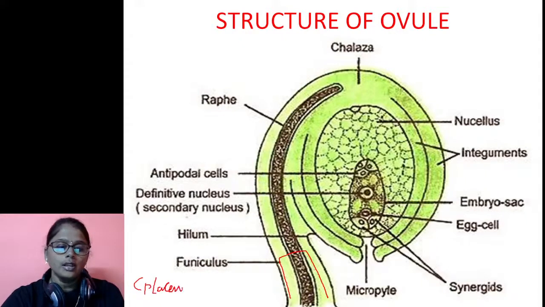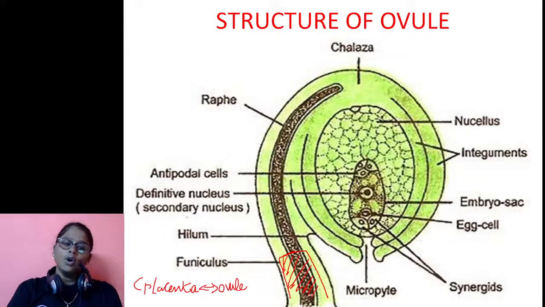The ovule is attached to the placenta through this stalk. This funicle region attaches or connects the placenta with the ovule.